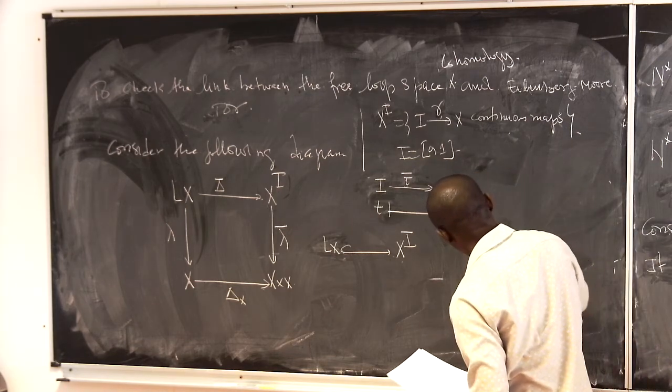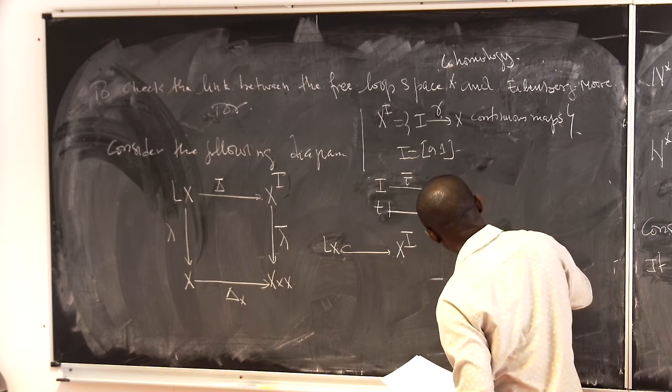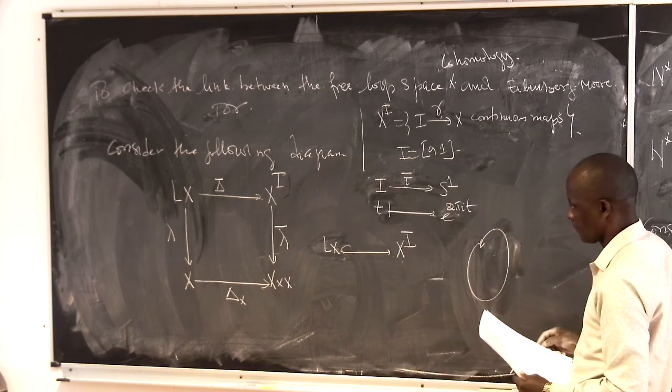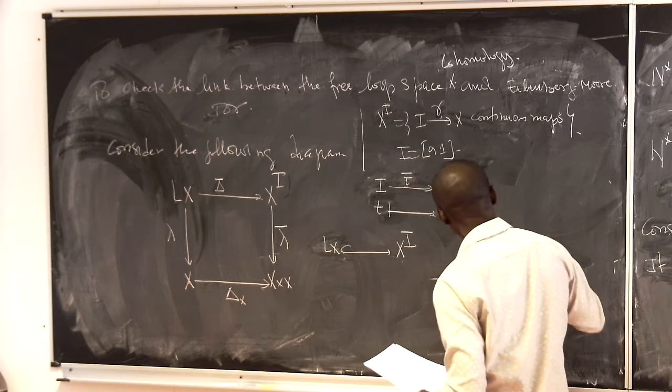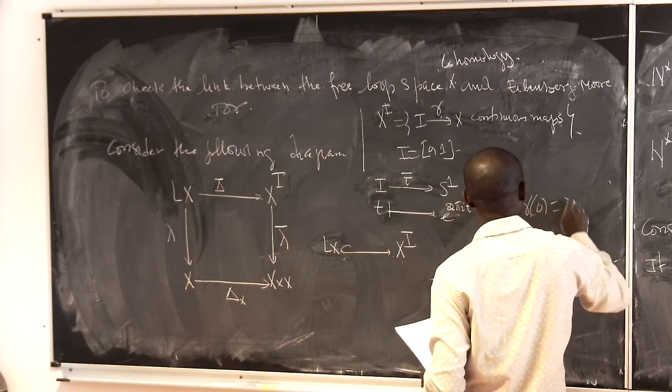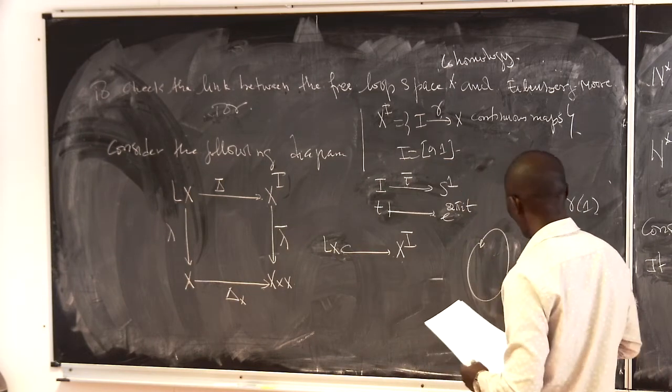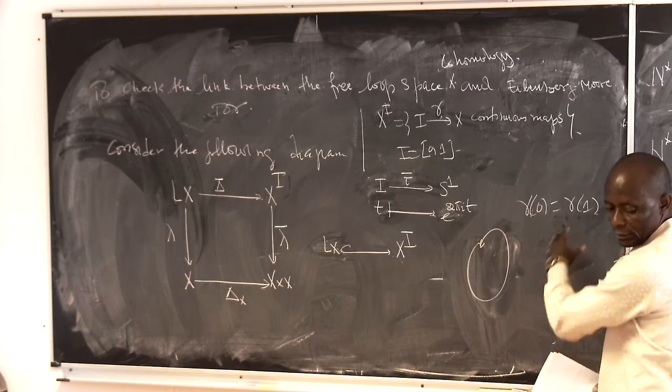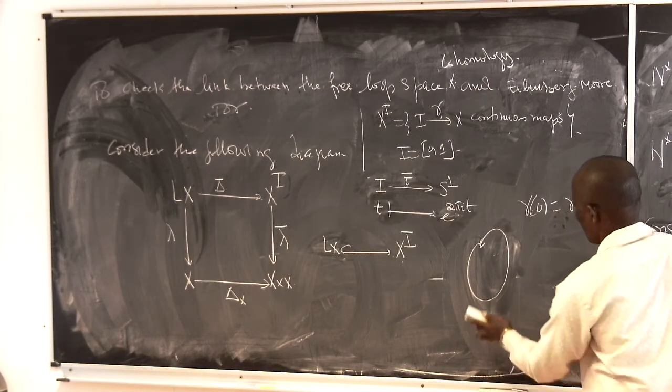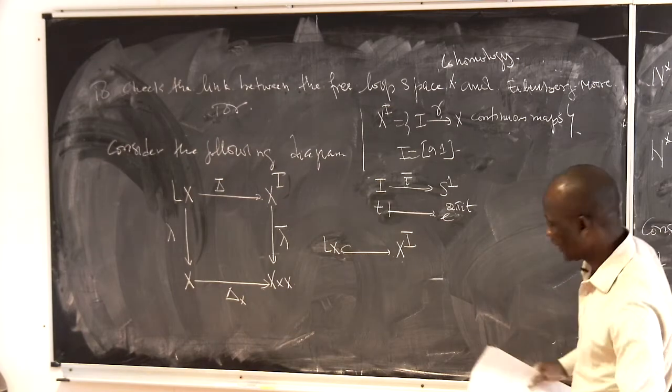When you have a loop, you have something like this. So that means gamma of 0 is equal to gamma of 1 when we have a loop. So a loop is a subset of this.